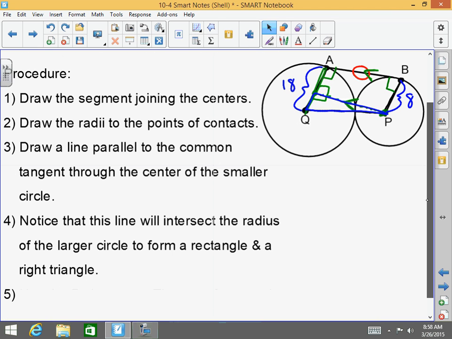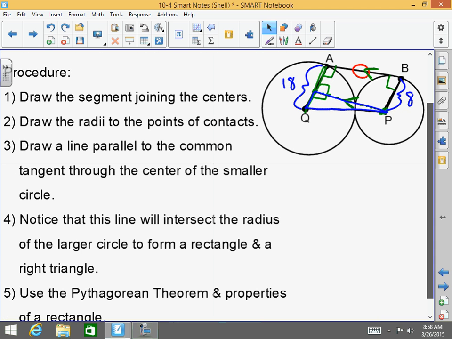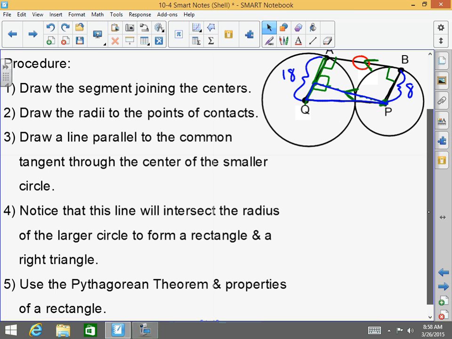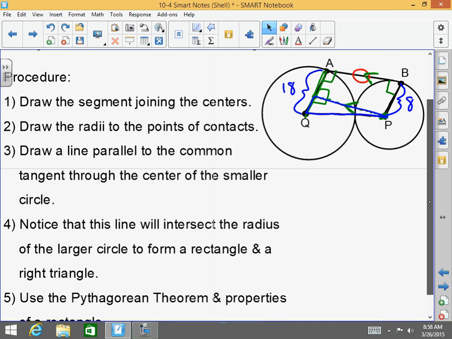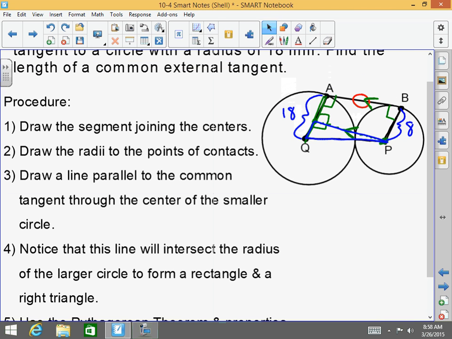Number 5. Use the Pythagorean theorem and properties of the rectangle now to solve exactly what it is that we are looking for. Okay, you ready? If PB is 8, that means that this segment here is 8, correct?